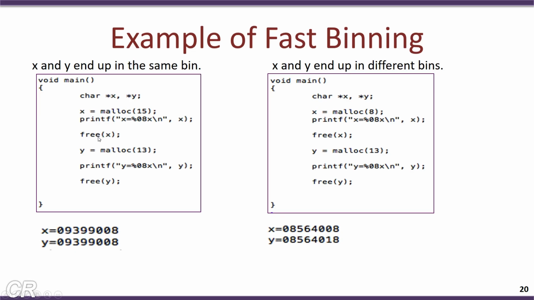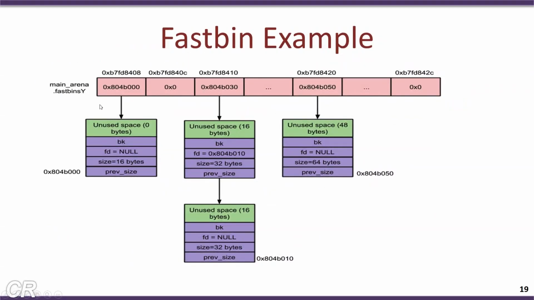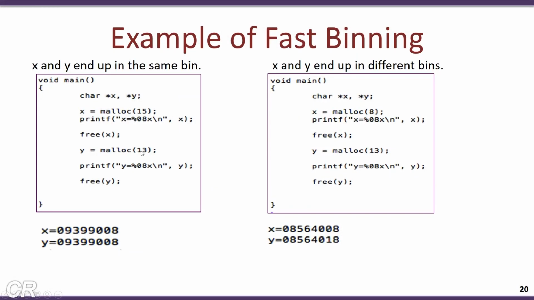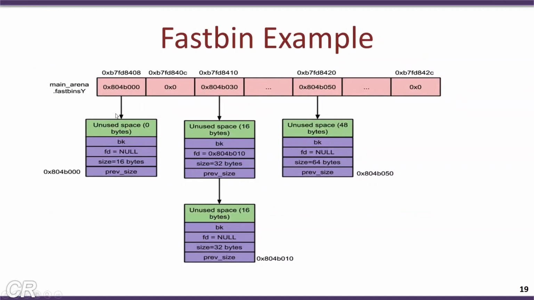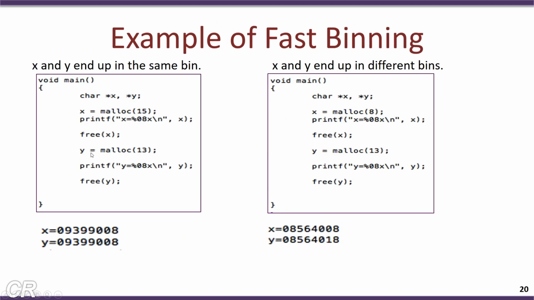So when this free gets invoked, the chunk gets added to the linked list corresponding to the fast bin of 16 bytes. Therefore, corresponding to the fast bin of 16 bytes, we would have the chunk x that gets allocated. When we do a malloc of 13 bytes again after this free, it would actually obtain the same list entry. Thus, what would happen is that x and y would get the same address.